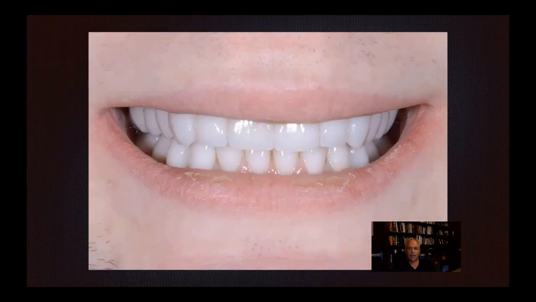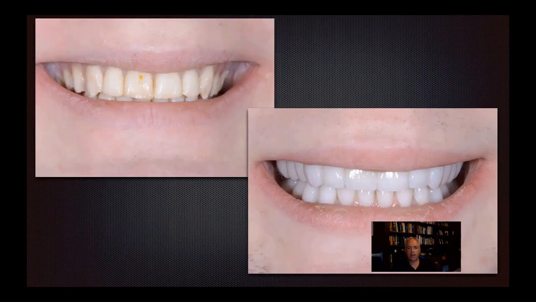And there he is, all said and done. We waited till he was about 21 before we did it. So he was wearing a bite splint on the top and a retainer on the lower after the Invisalign work was complete.